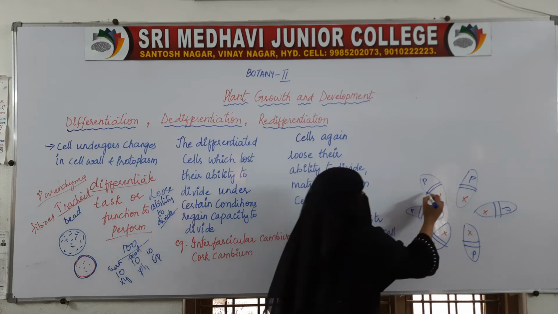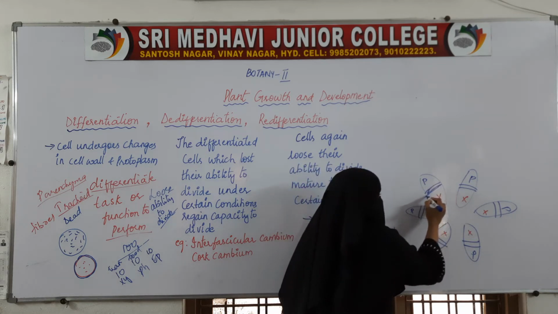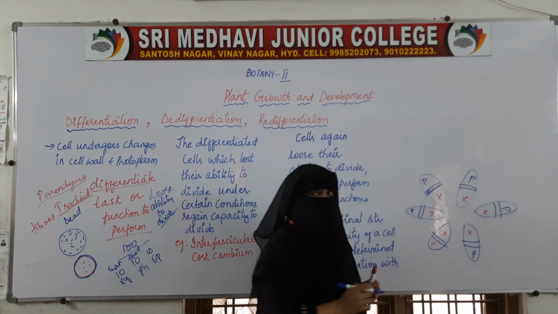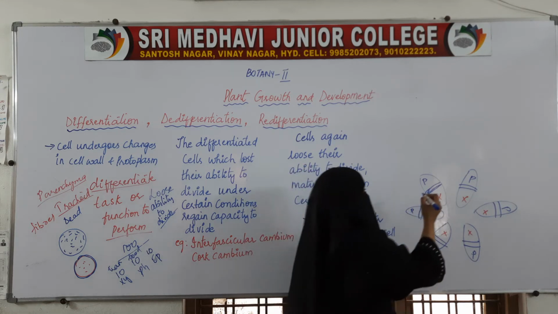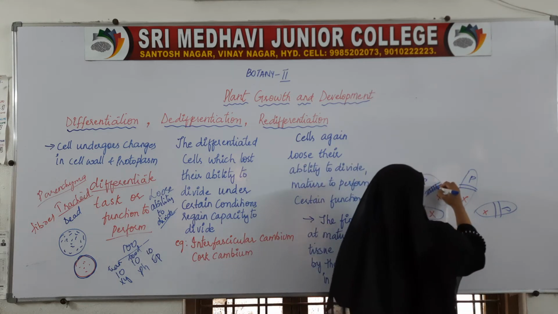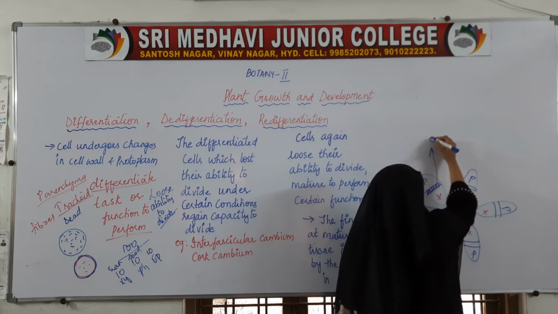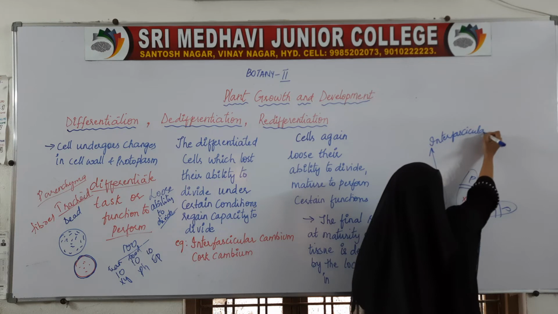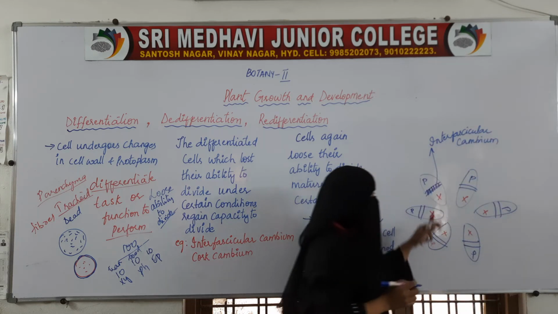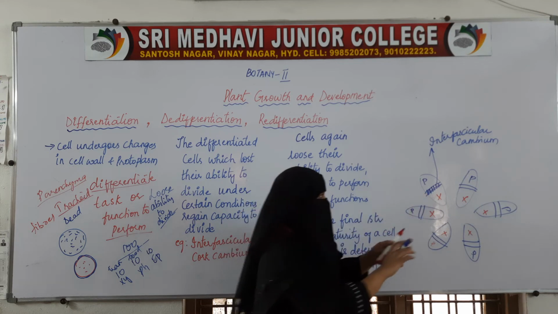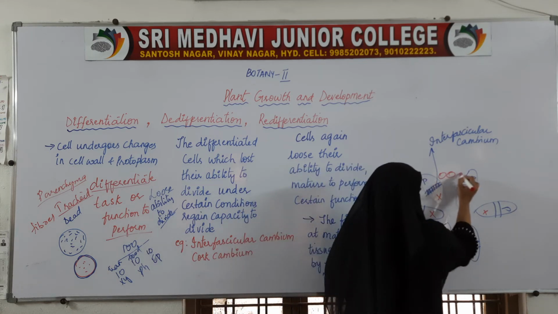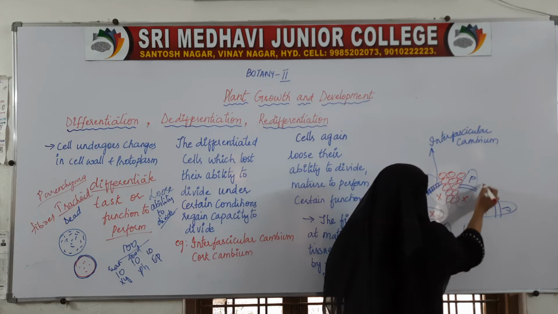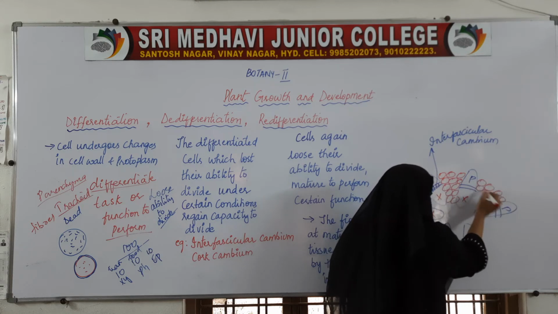Inside, in between this xylem and phloem, we have interfascicular cambium. This one is called interfascicular cambium, and here parenchymatous cells will be present. In between these bundles, parenchymatous cells will be present.